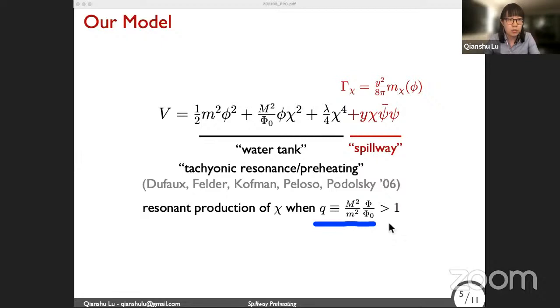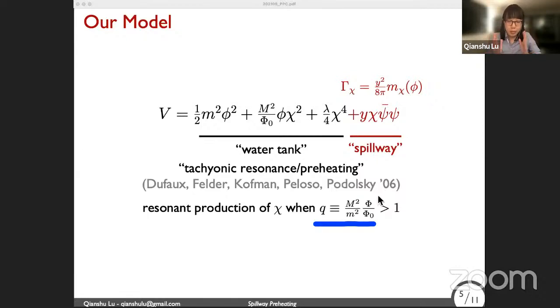So whenever the Q parameter is bigger than 1, and we are in the linear regime, people have found that there's going to be resonant production of chi. This resonance was found by these authors in 2006, and it was named the tachyonic resonance.